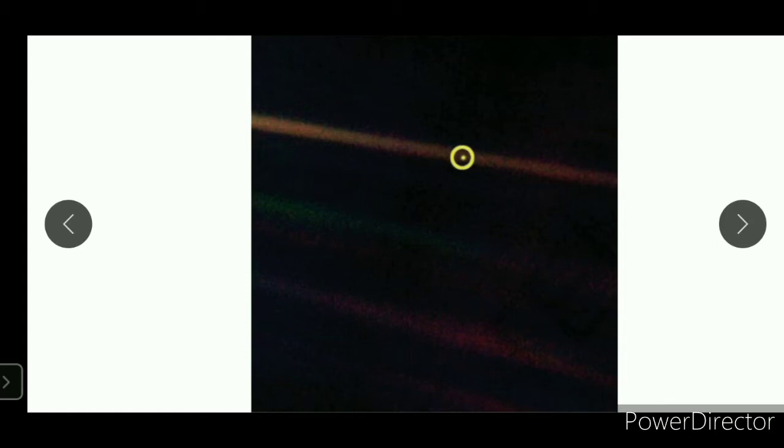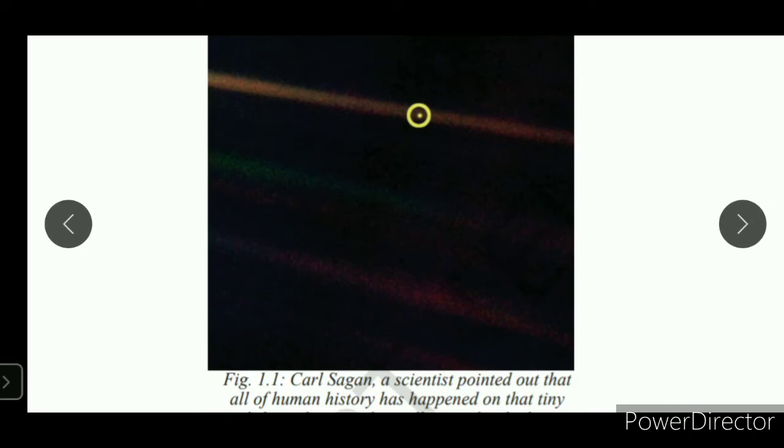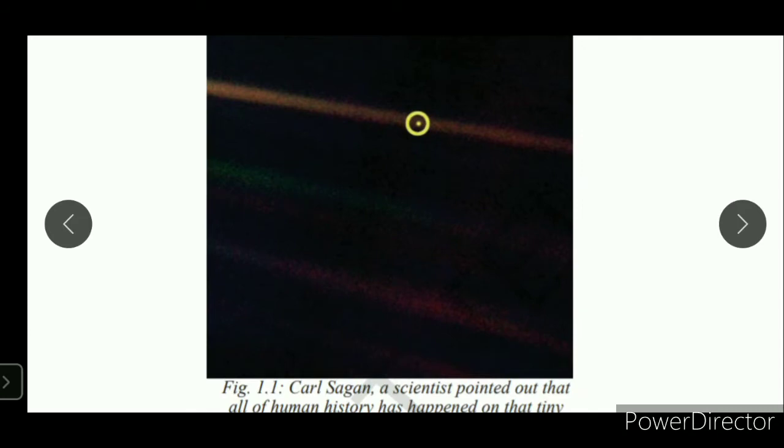It is a photograph taken by the scientist Carl Sagan, and he called this small dot inside the circle the pale blue dot. What do we call it?